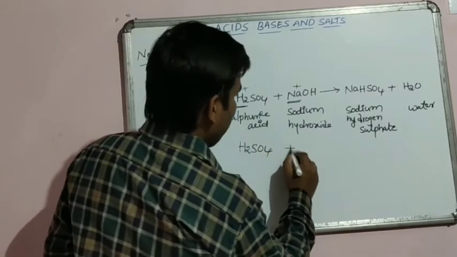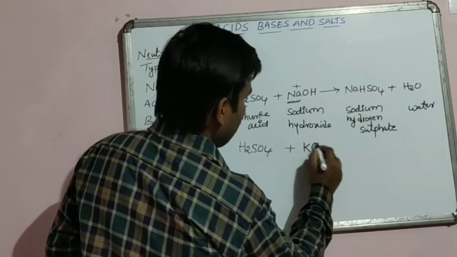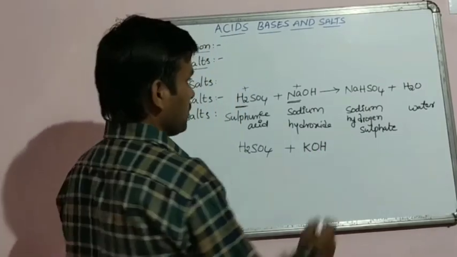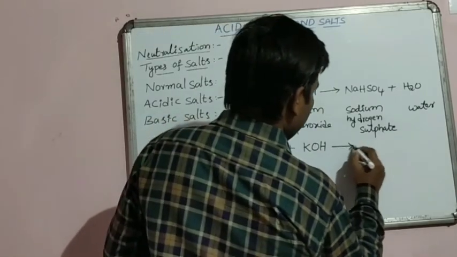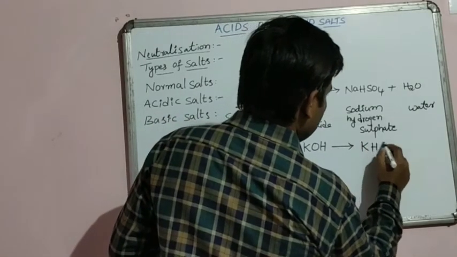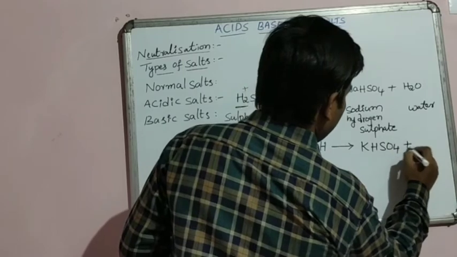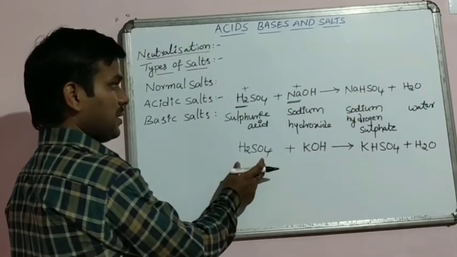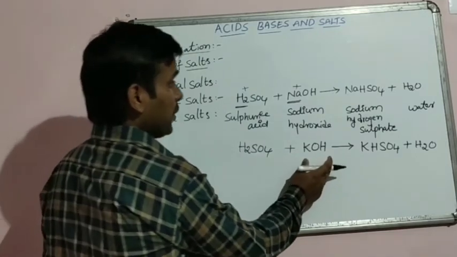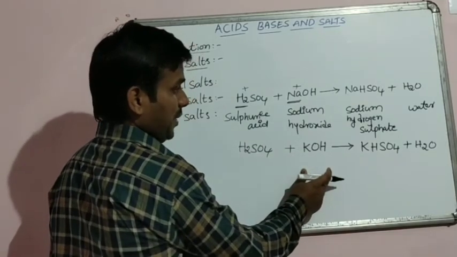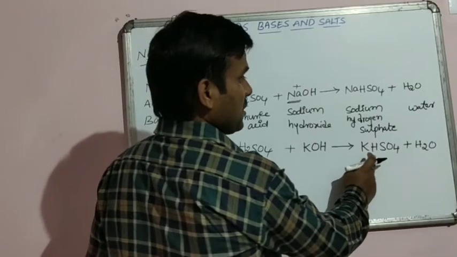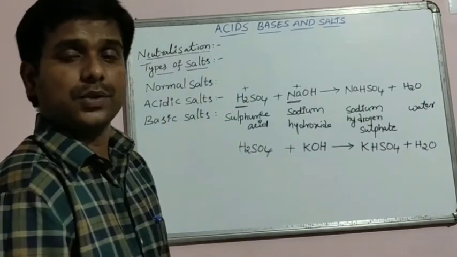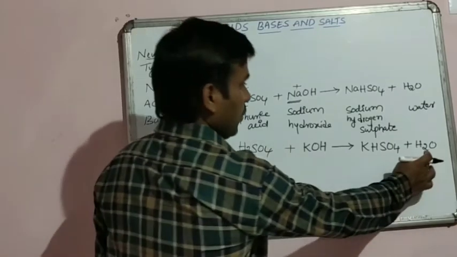H2SO4 plus KOH form KHSO4 plus H2O. This is sulfuric acid and this is potassium hydroxide, forming potassium hydrogen sulfate and water.